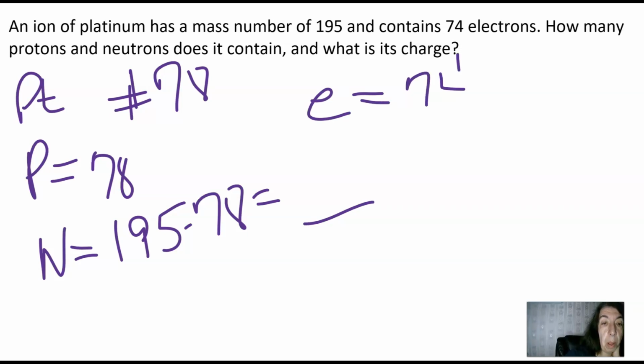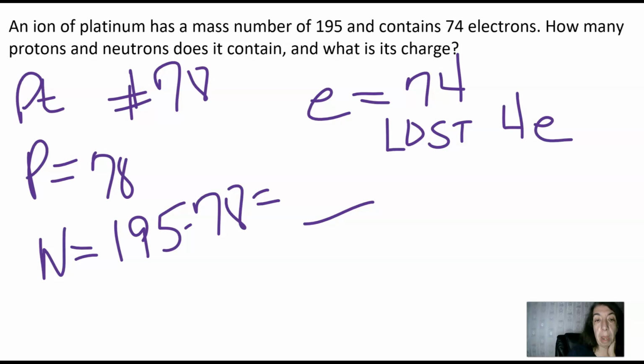So that means it lost 4 electrons. So it has a positive charge. So this would be written as platinum 4+, like that. Okay? So this is how you would do these for anything that's charged. You do it just the way you normally would, but then take off the electrons at the end.